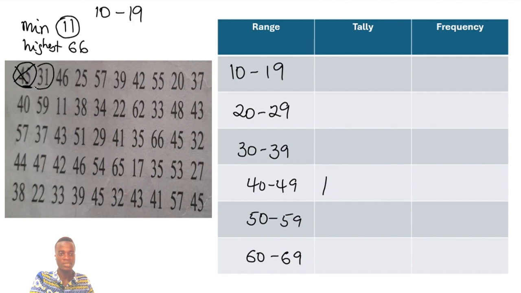So we do the same thing. 31 will fall within this range, so it is here, one stroke.